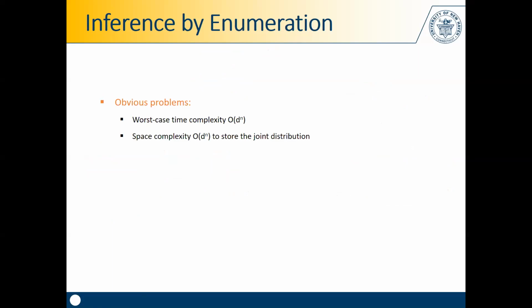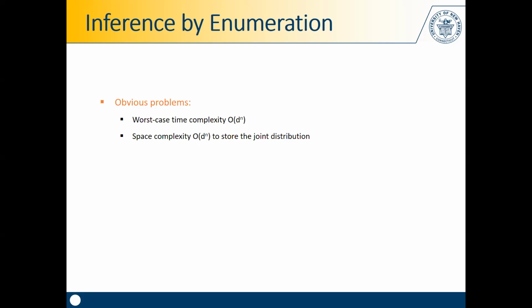march on. There are a few obvious problems with this approach, with the inference by enumeration technique. Its computational complexity is very, very bad.